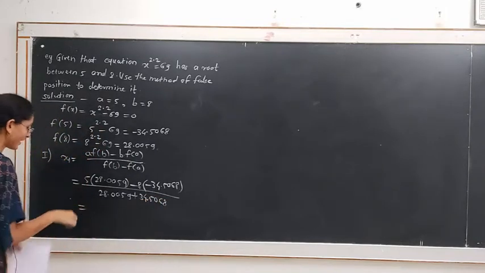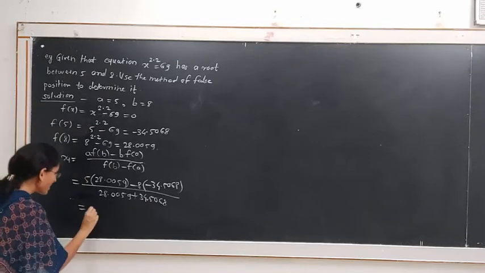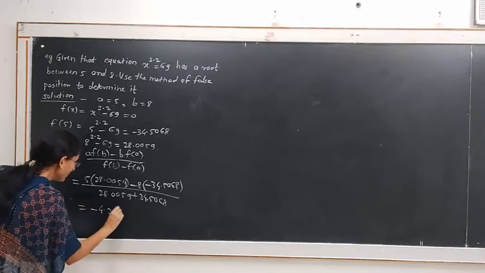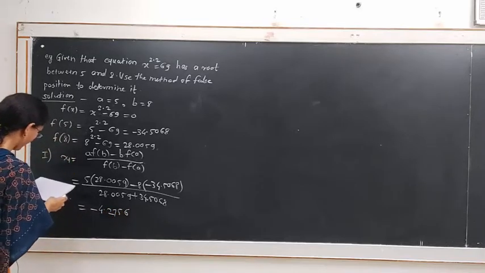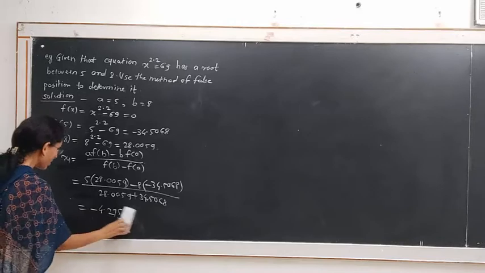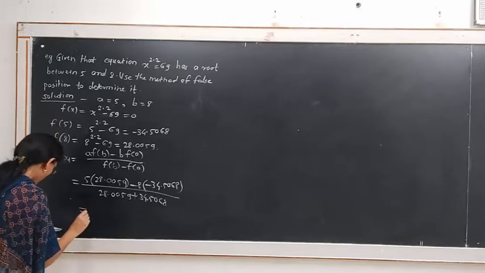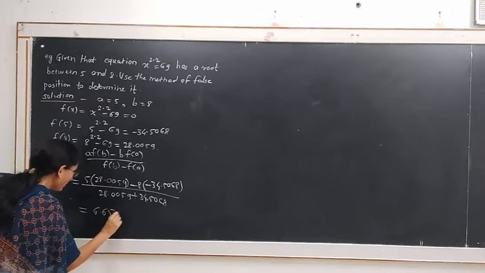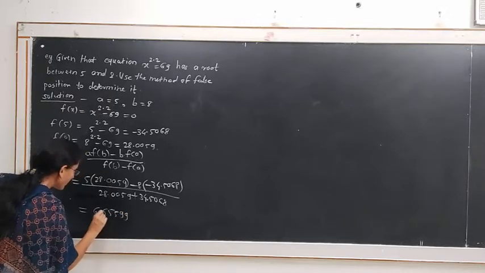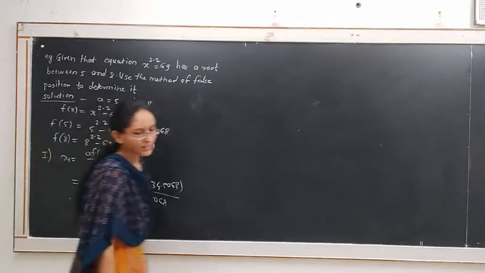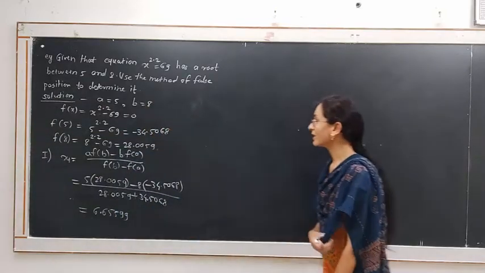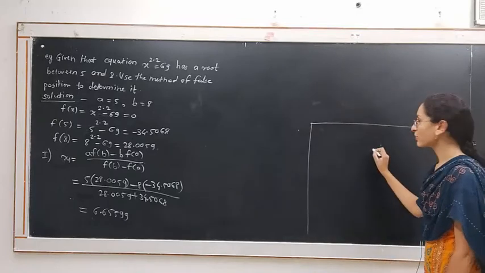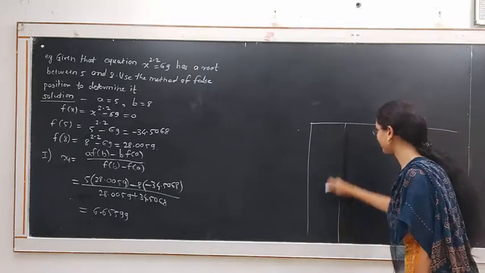If we calculate this value, we will get, sorry, this is equal to 6.65599. This is the value of x1. We summarize these values in one table. Suppose this is the first equation.